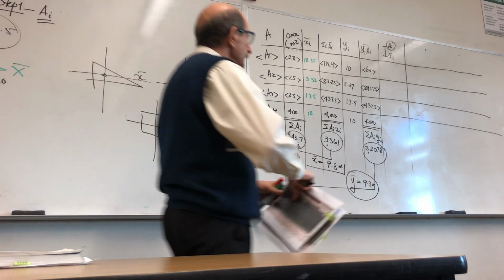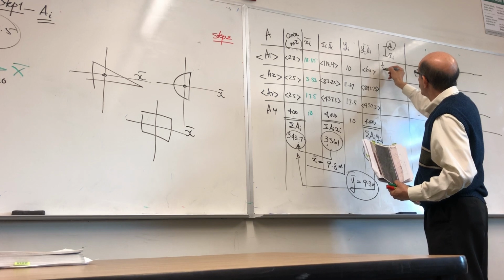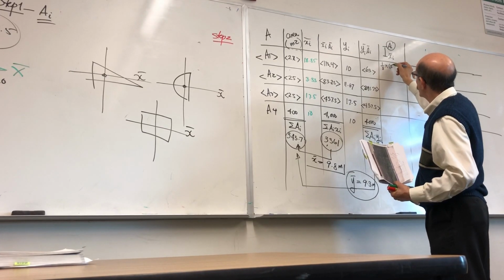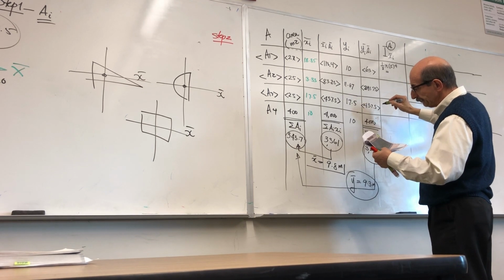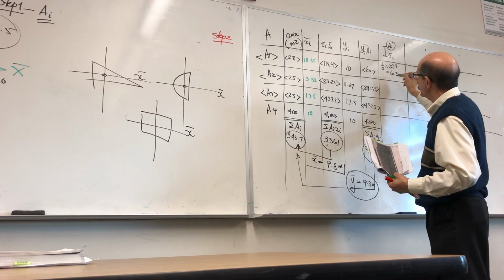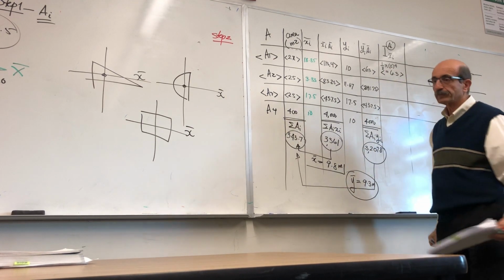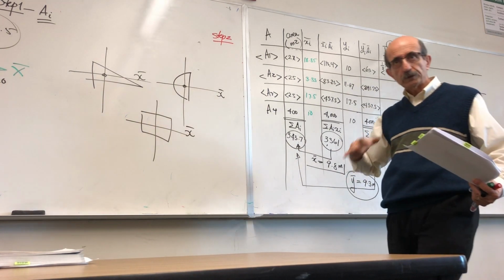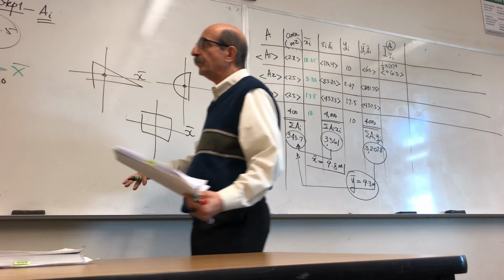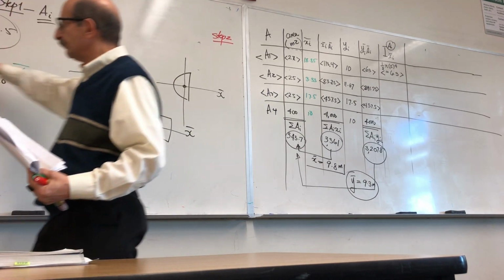I will write it down: 1/8 pi r to the 4, that is given, that will be 6.3. Remember, this is negative. What we are trying to do now is to find the moment of inertia of this whole shape about this axis.